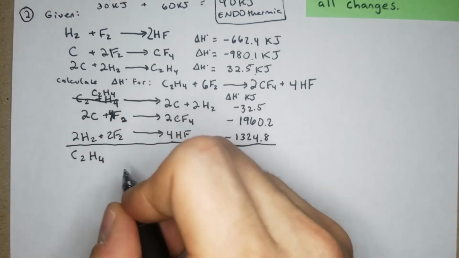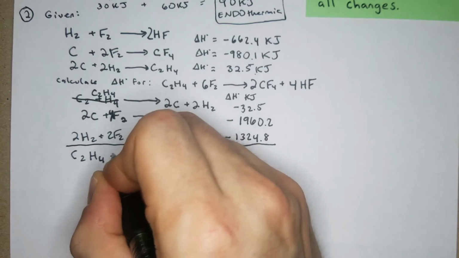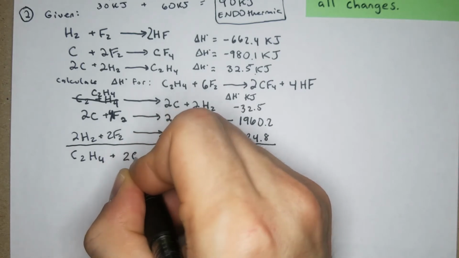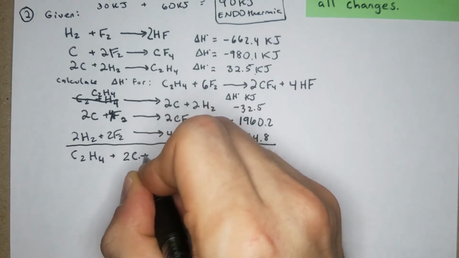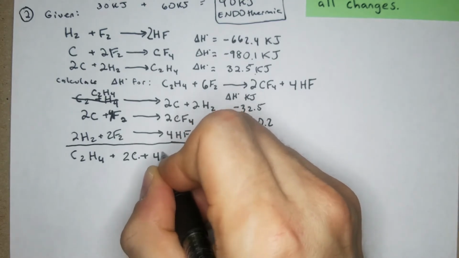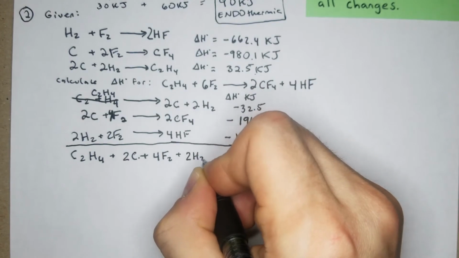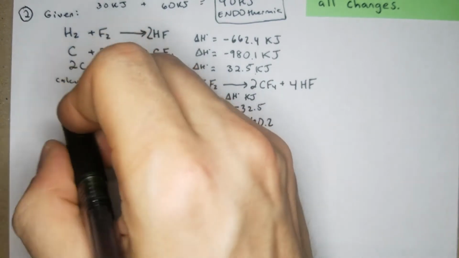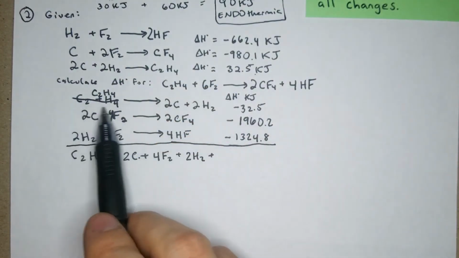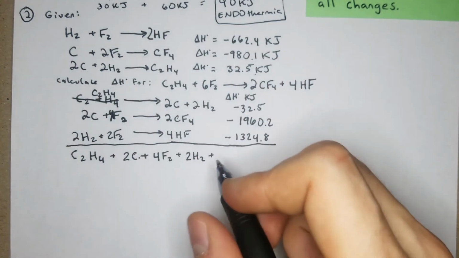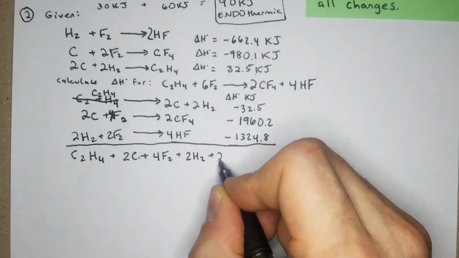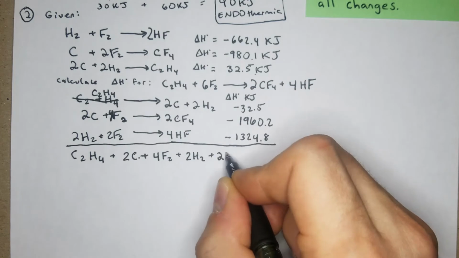Maybe it's just the types of problems that I happen to be doing most of the time, but I have 2C plus 4F2 plus 2H2. And I like to just go straight from top to bottom and not try to rearrange them, because again, that's another way I found that I sometimes will make an error.